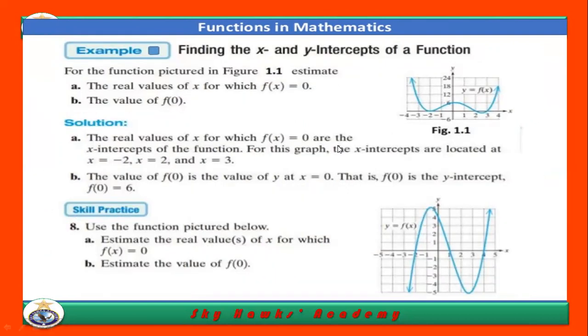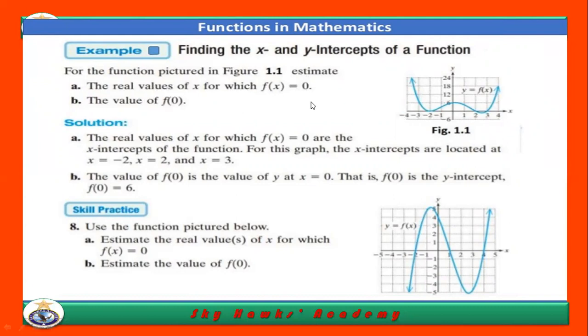So one more example is to find the x and y-intercept of a function. For the function pictured in 1.1, estimate the real value of x for which f(x) is equal to 0, so the value of f at 0. In other words, you are looking for the x-intercept and the y-intercept.